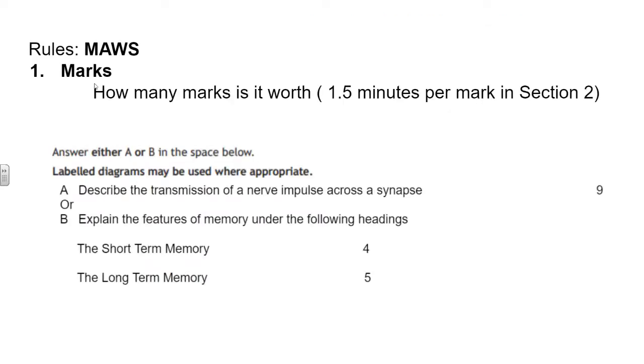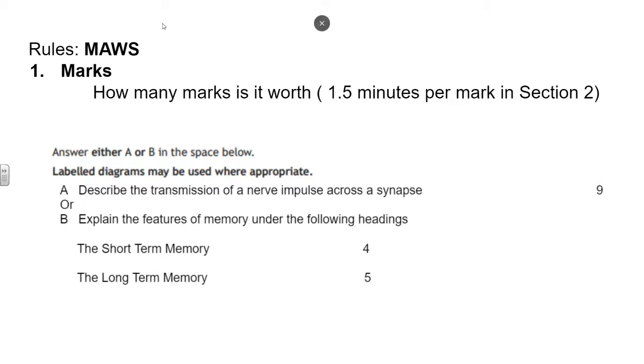So if we move through MAWS, marks. How many marks is it worth? In section 2 of the paper, certainly since last year, you have something like 1.48 minutes per mark. Oddly, in section 1, you have 1.6 minutes per mark.